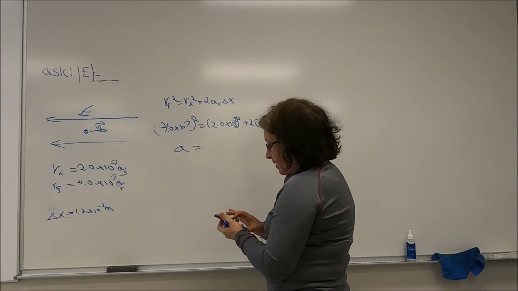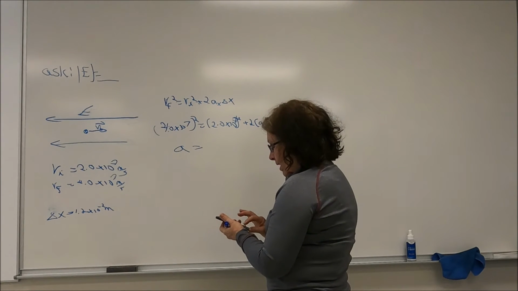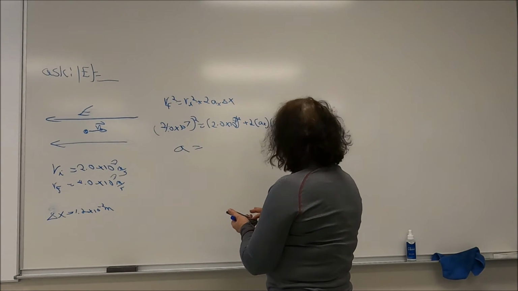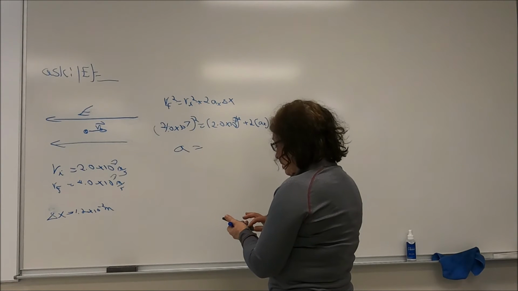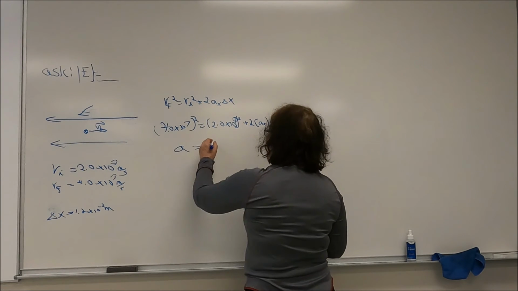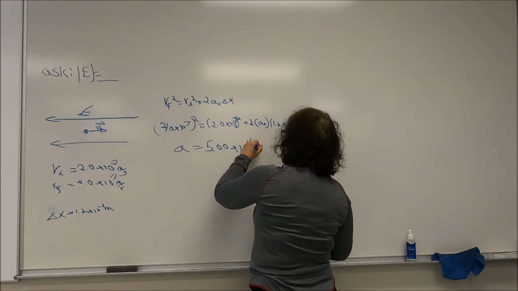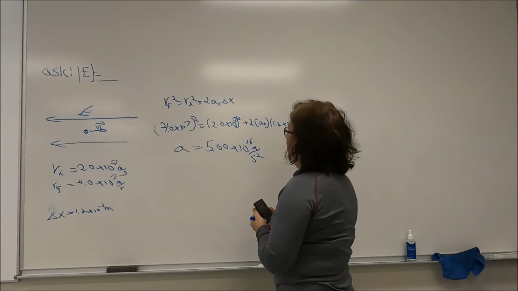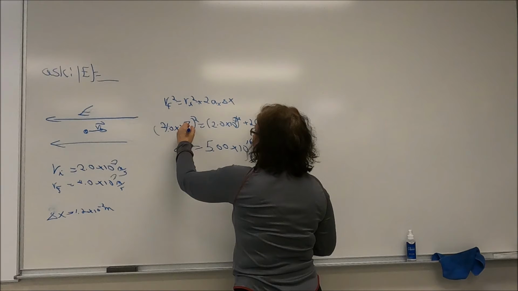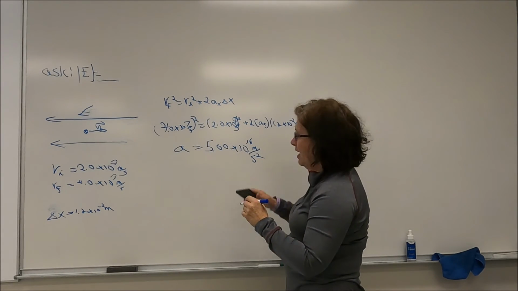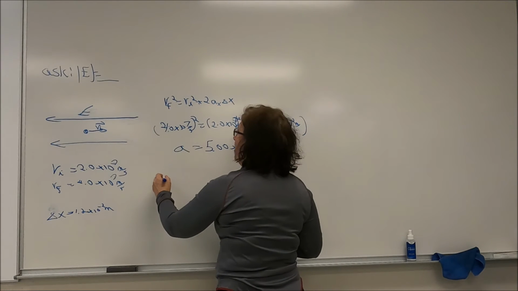So 4 times 10 to the 7 squared minus 2 times 10 to the 7 squared, divided by 2, divided by 1.2 times 10 to the minus 2, I get an acceleration of 5.00 times 10 to the 16 meters per second squared. Remember, this is meters per second, this is meters per second, that's in meters, you'll end up with meters per second squared.